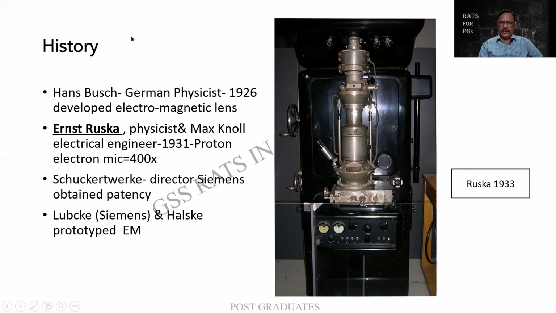Always I start with the history. Now, such an equipment, you find that it is so huge that it cannot be done away with. The credit first goes to Hans Busch.